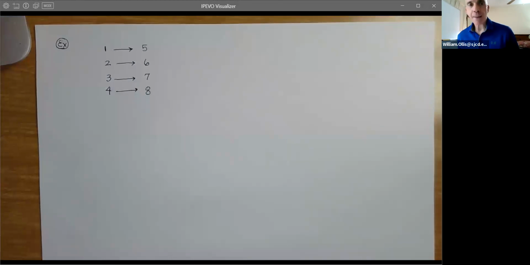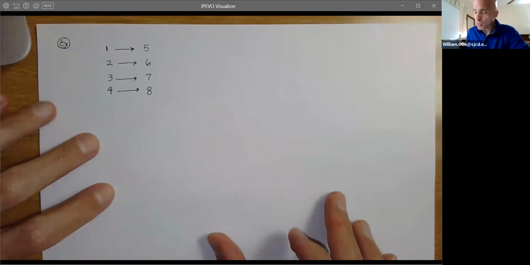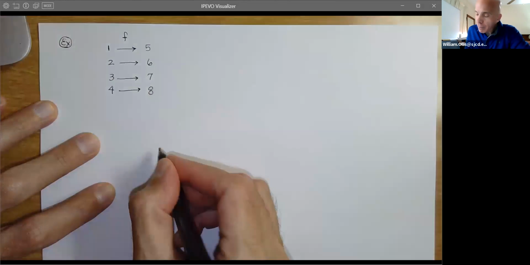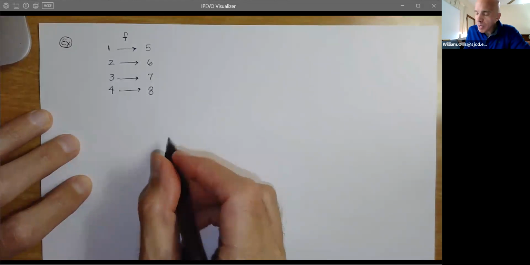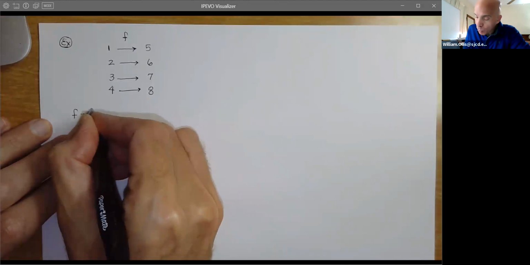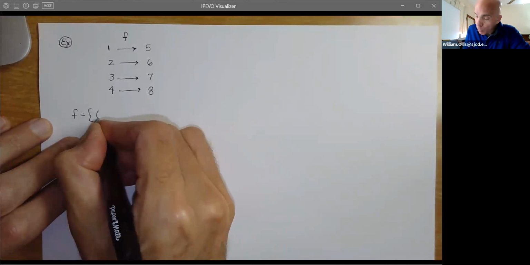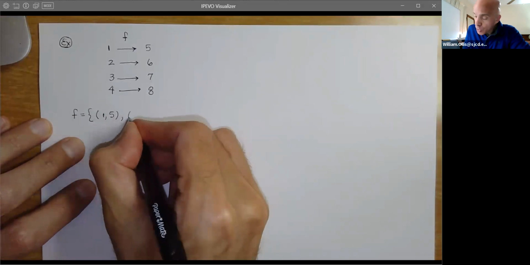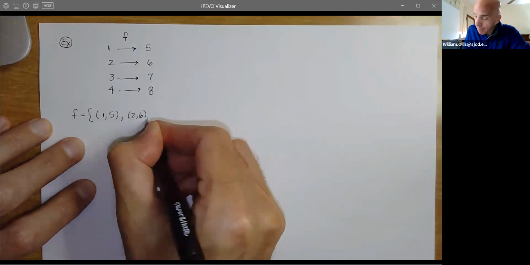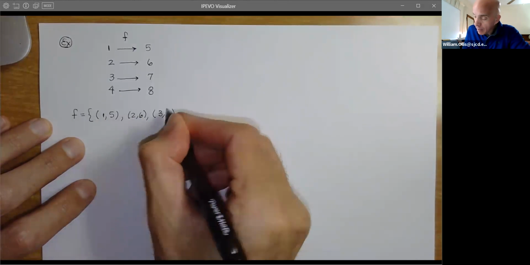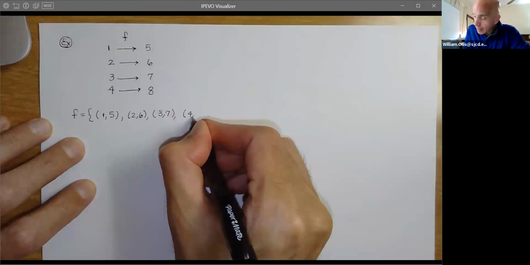Sometimes the simplest examples make the best teachers. So this will be F. And so now we can think of the following, that F equals all of these ordered pairs: (1, 5), (2, 6), (3, 7), and (4, 8).